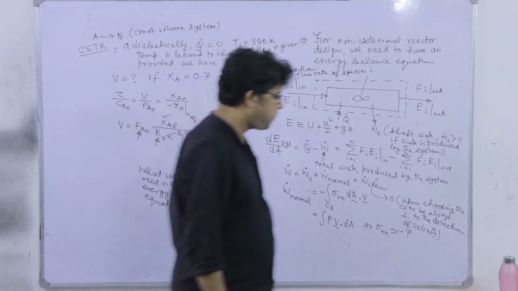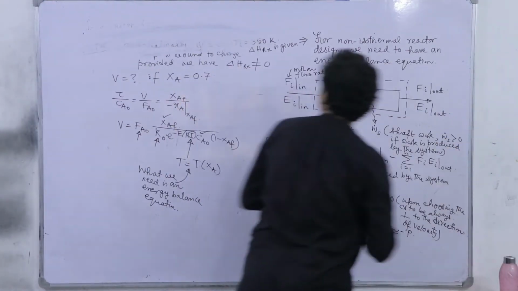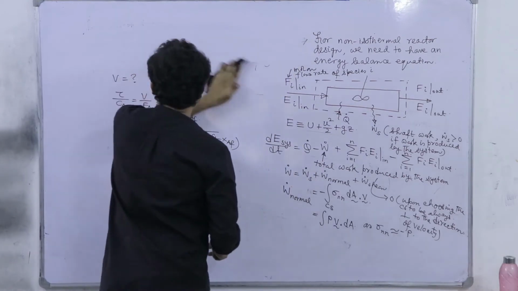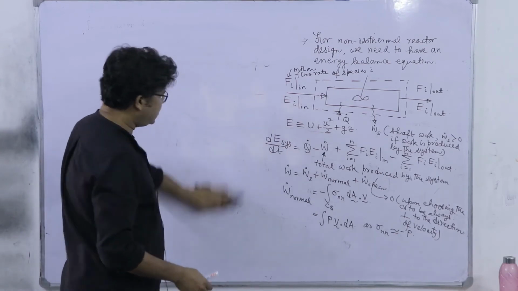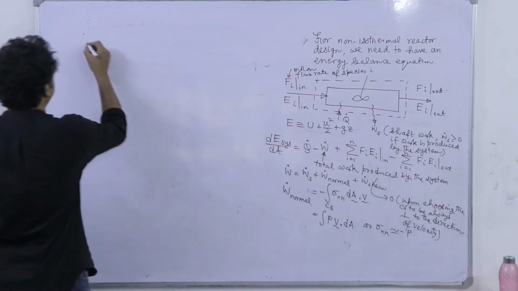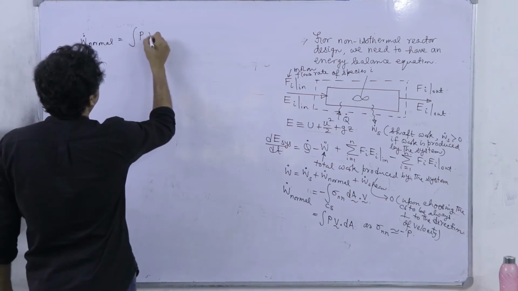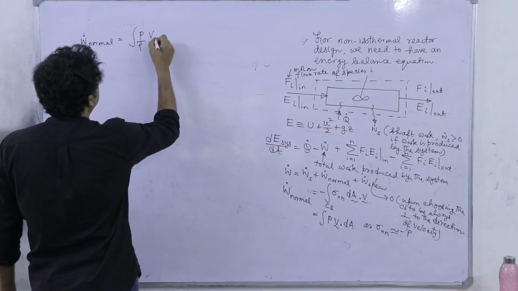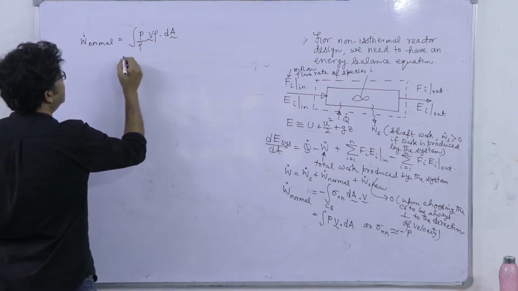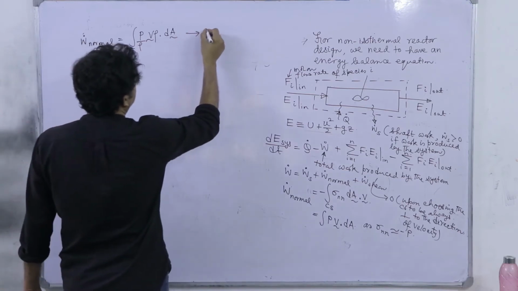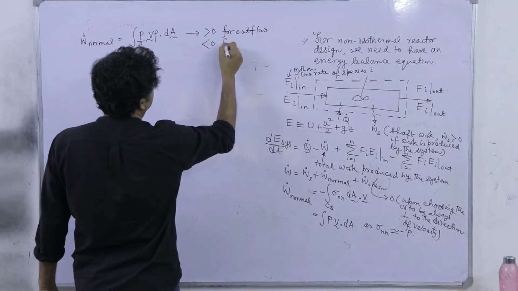So with that, if I write this W dot normal, it becomes P by rho into V into rho dot dA over the control surface, and this will be positive for outflow, as we know from fluid mechanics, and negative for inflow.